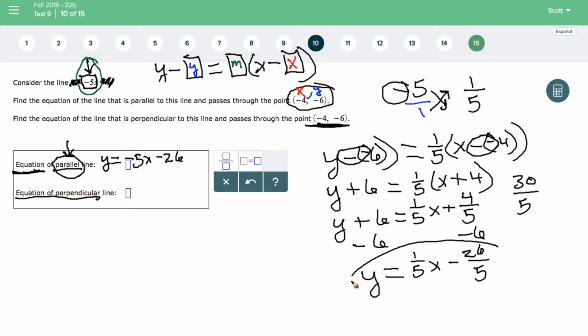And again, if you're not comfortable with fractions, go ahead and use a calculator. So that means this one, perpendicular, is y equals 1/5 x minus 26 over 5. And that's my equation for the perpendicular line.